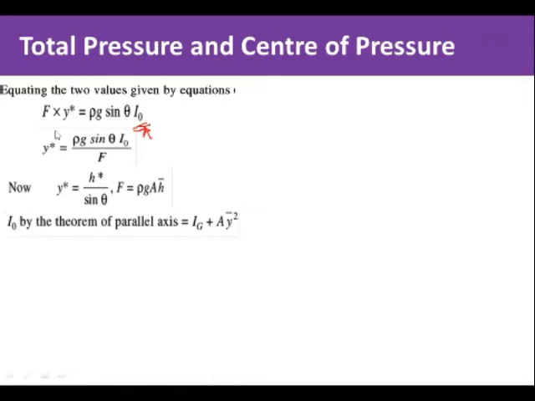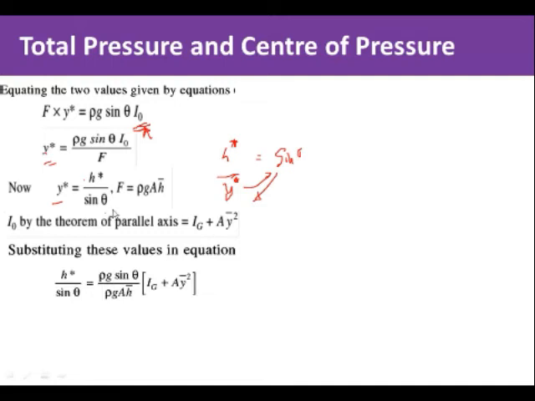In the above equation we had divided by F, so we will have y star equals rho g sin theta IO upon F. Again, from the triangle we know h star upon y star is equal to sin theta. So we replace y star with h star upon sin theta.